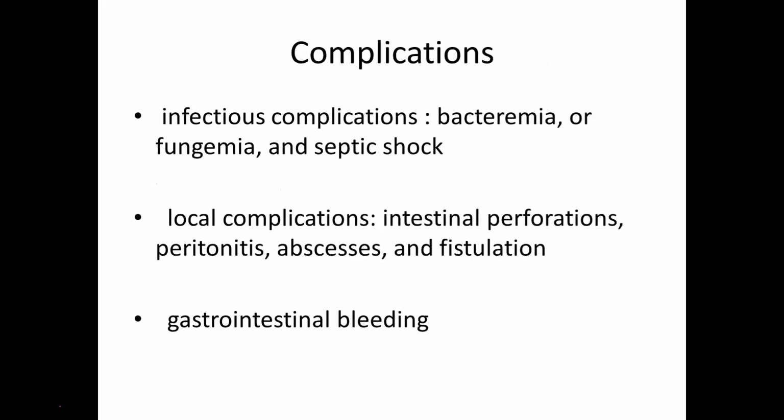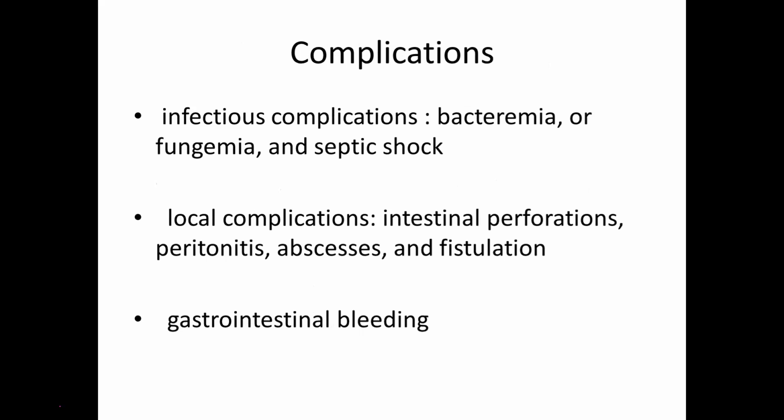The complications associated with NEC are bacteremia, fungemia, and septic shock. Especially septic shock: once patients develop septic shock, the prognosis is quite poor. Local complications include intestinal perforation, peritonitis, abscess, and sometimes fistulation.